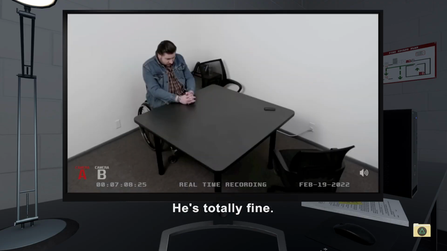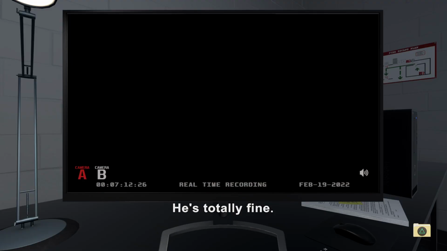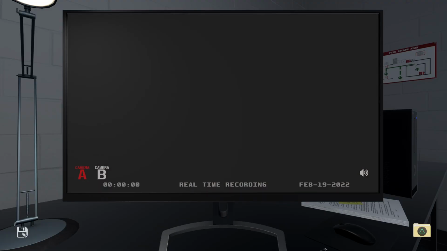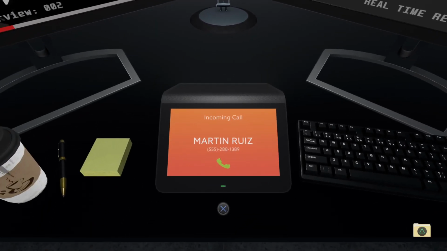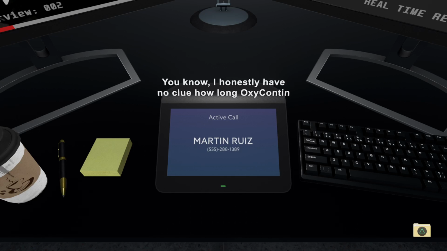It's totally fine. Wow, that was a damn good bluff, huh? 6-week window. I honestly have no clue how long Oxycontin stays in your system. Whew.